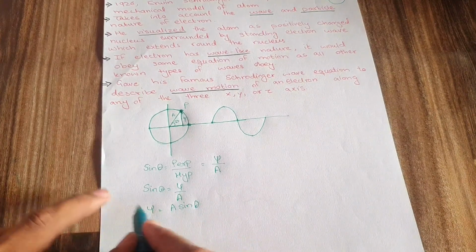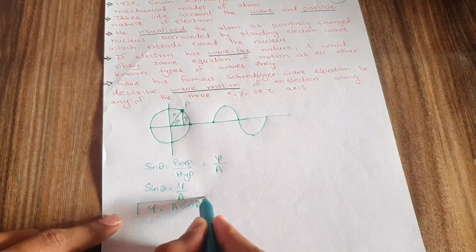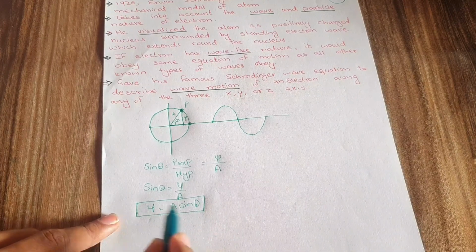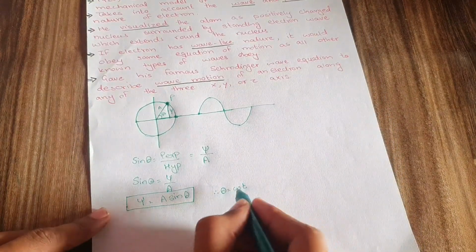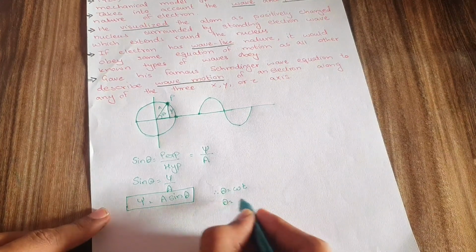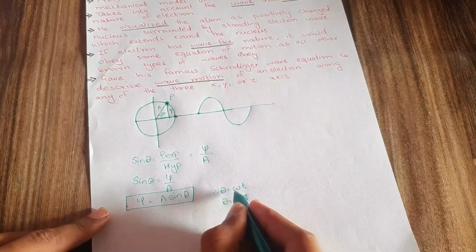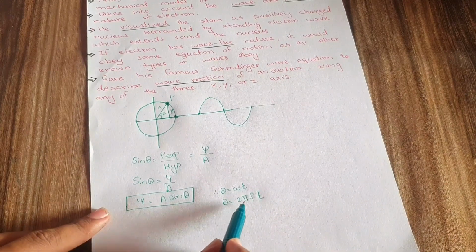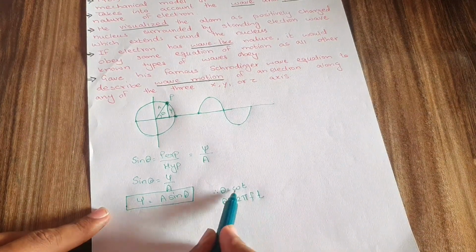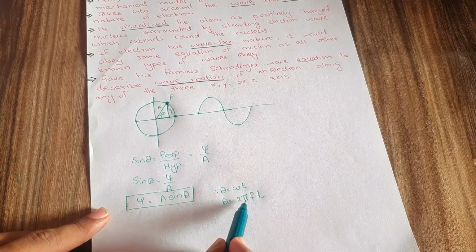You know that theta is equal to omega t, and omega has a value of 2 pi times frequency. So 2 pi times frequency times time is equal to theta, because omega has the value of 2 pi f.